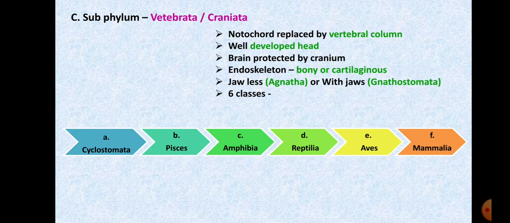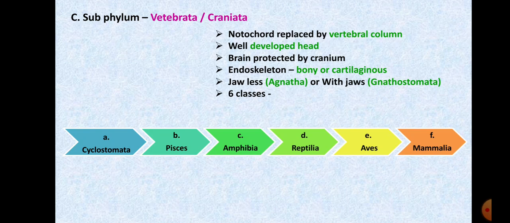Okay, so first let us look at the general features of the Vertebrata subphylum. Notochord here is replaced by vertebral column. Now vertebral column is something which protects your spinal cord. Okay, if you touch the spinal cord behind, you can feel the vertebral column which is protecting your spinal cord, and this vertebral column is divided into 33 bones.